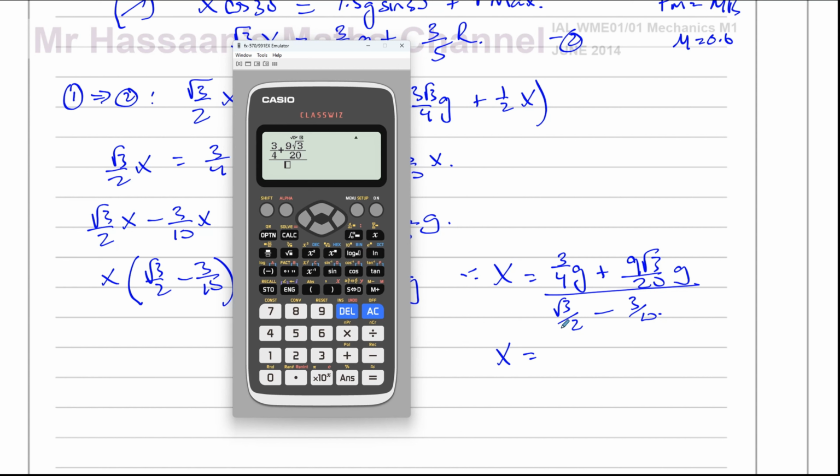That's all in terms of g, over root 3 over 2, root 3, we've got to be careful about that, over 2 minus 3 over 10.